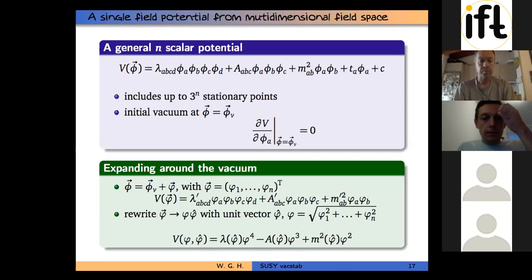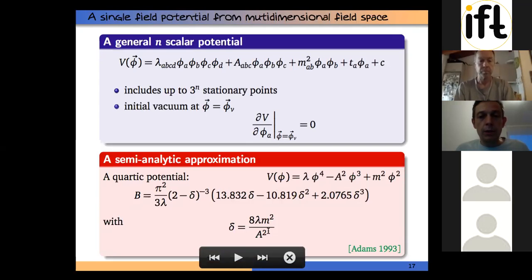And now that we have a one field quartic potential, we can go back to the literature, again to the 90s, and find a paper by Adams, where he semi-analytically got a result for a quartic potential bounce action that is given by this expression.